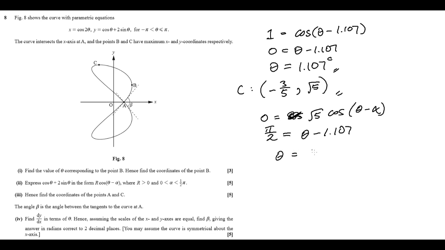And so theta should be pi on 2 add 1.107, which gives you 2.678 radians.